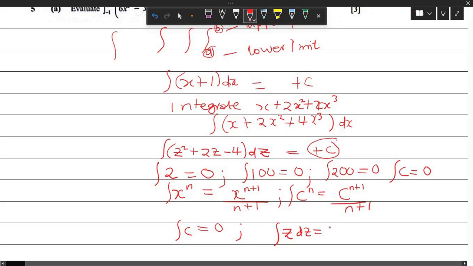This is same as z to the power 1. We know any variable, if there is no power here, meaning the power is 1. So we say 1, we add 1. Then we divide it by 1 plus 1. So this will be z to the power 2 over 2. Then we'll do plus c. Remember, because I didn't give limits here, so you always say plus c.